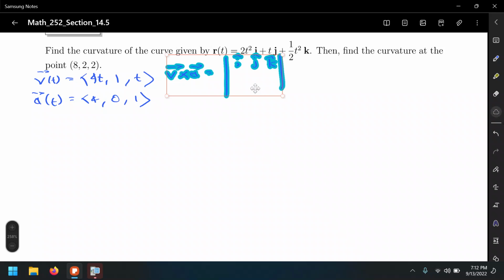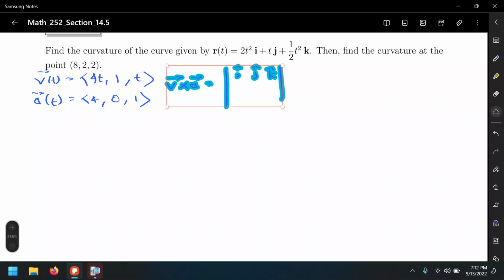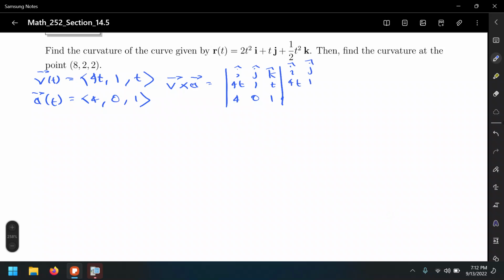Let's set it up. We have the vectors 4t, 1, t and 4, 0, 1, and just duplicate the first columns. And let's find the cross product.